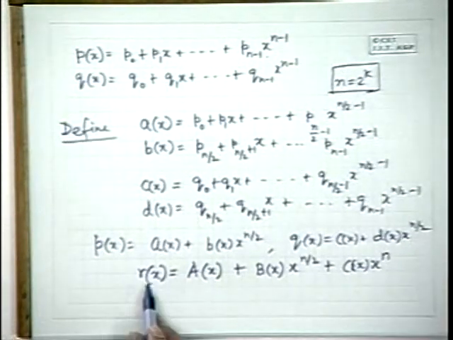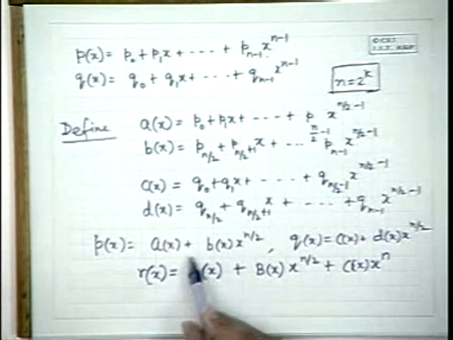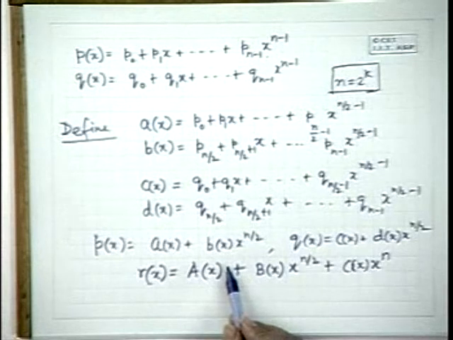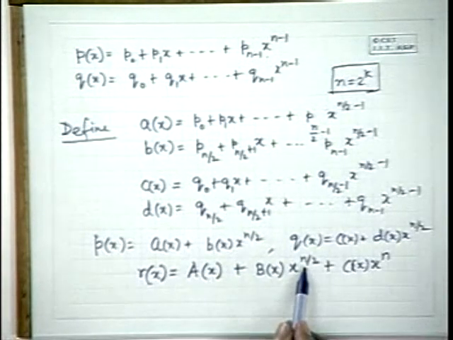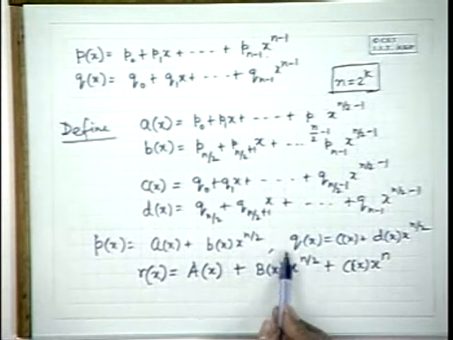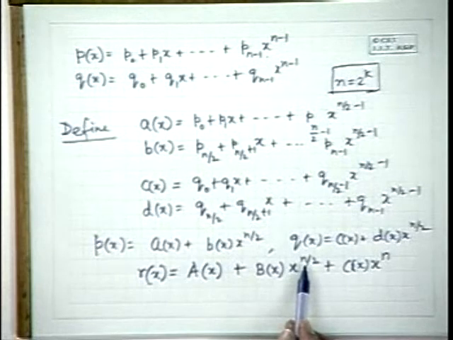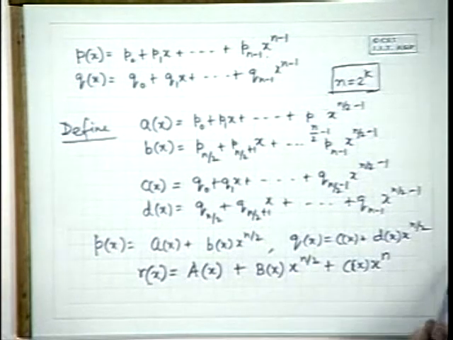So I am expressing Rx as ax. Basically, this part will have all the powers of x less than or equal to n over 2. This will have all the powers of x greater than or equal to n over 2. Okay, it goes on. We'll see.